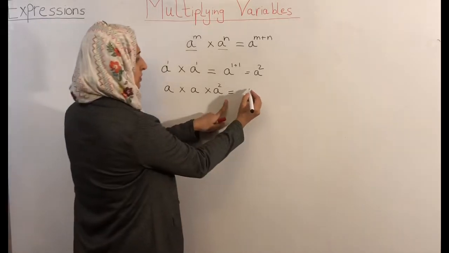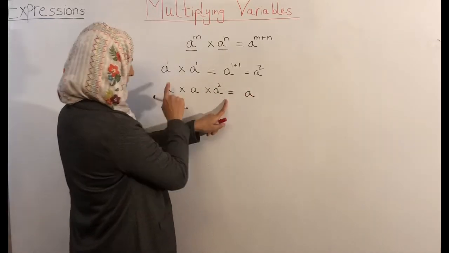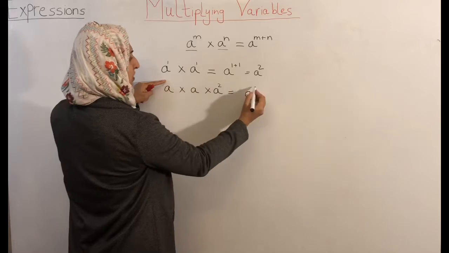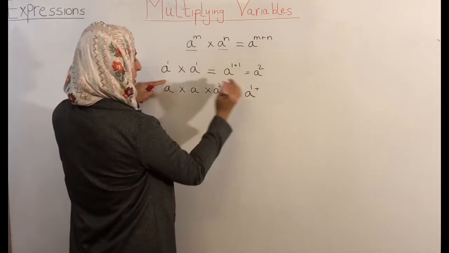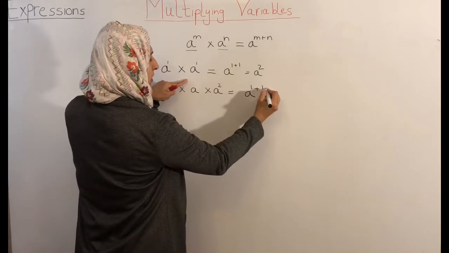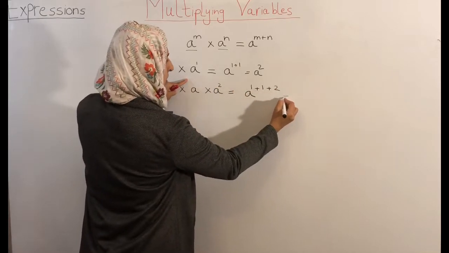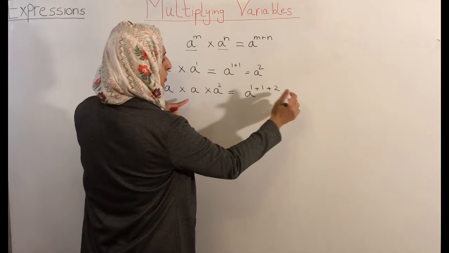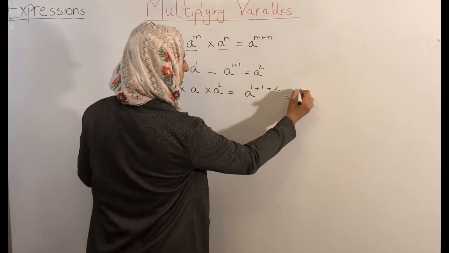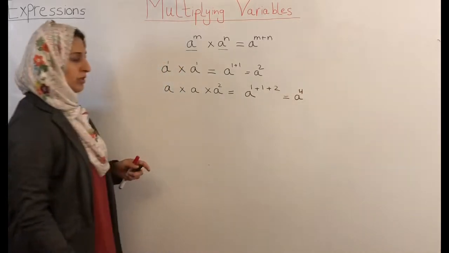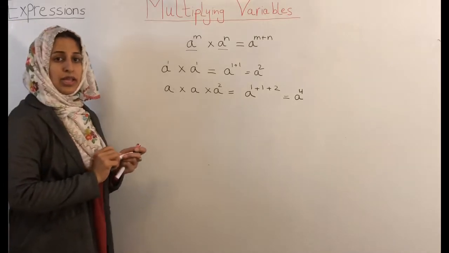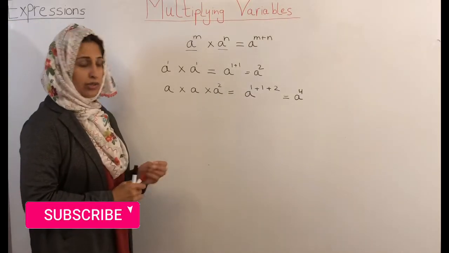What are we going to do? Add the power of the first variable, the power of the second variable, and the power of the third variable. So 1 plus 1 plus 2 is a raised to the power 4. So the powers react in the same way.